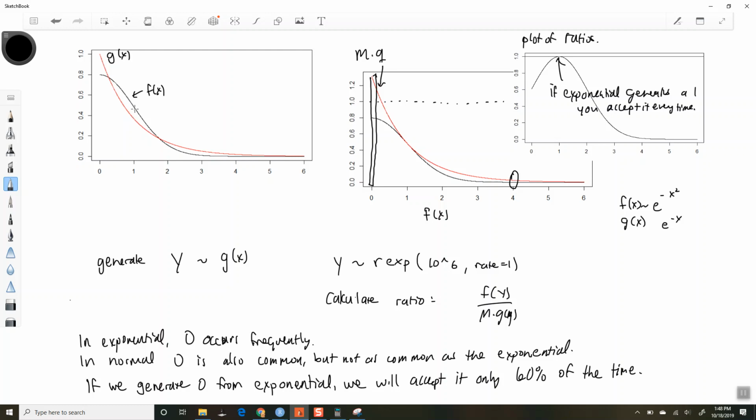Okay, and so you find out where the difference between the target and the proposal distribution is the greatest, and that's the max of f over m times g, or actually just the max of f over g, and then you accept 100% of those things.